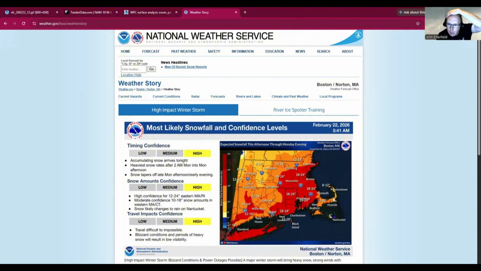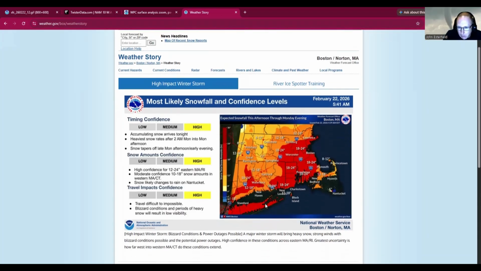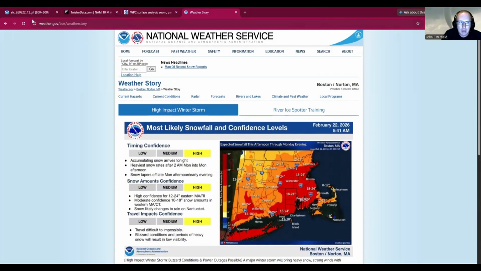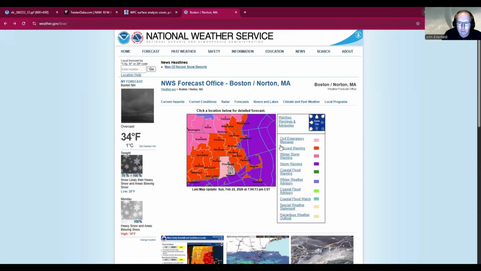You can see out on the Cape, the amounts are less. That's probably because they're mixing with sleet and or rain. And then you can see Connecticut solid 12 to 18 over the whole state, with some areas being 18 to 24. You can see down to New York City and Long Island, 18 to 24 inches of snow as well. So let's go see what that civil emergency message is for Rhode Island.